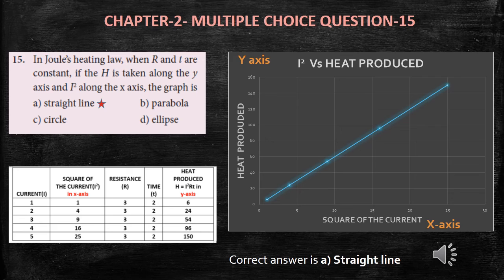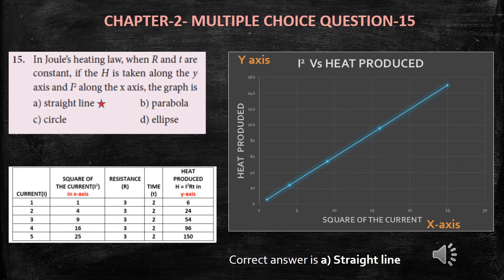Now we are going to solve the 15th problem, multiple choice question 15 in chapter 2. First I will read the problem. In Joule's heating law, R and t are kept constant. Therefore, in the tabular column you could observe that the R value is taken as 3 ohm and time of flow of current is 2 seconds.